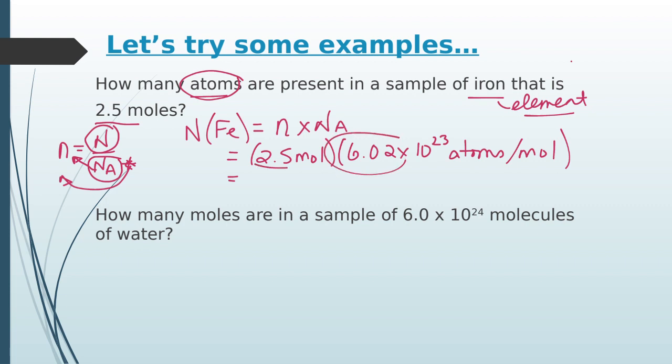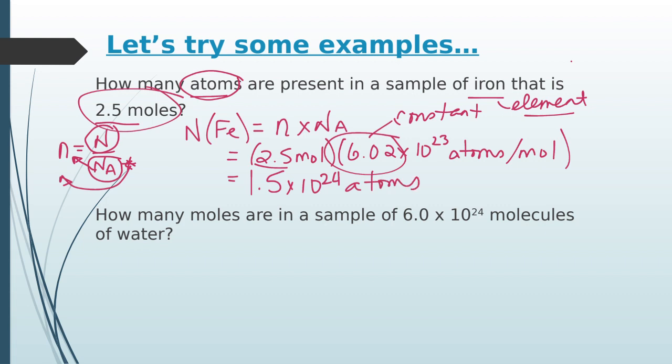This right here is a constant, and with constants that are given, we never include them in rounding of significant figures because they are not measured data. They are constants. So my measured data is this, 2.5 moles. I need 2 sig figs in my final answer, which is 1.5 times 10 to the 24 atoms.